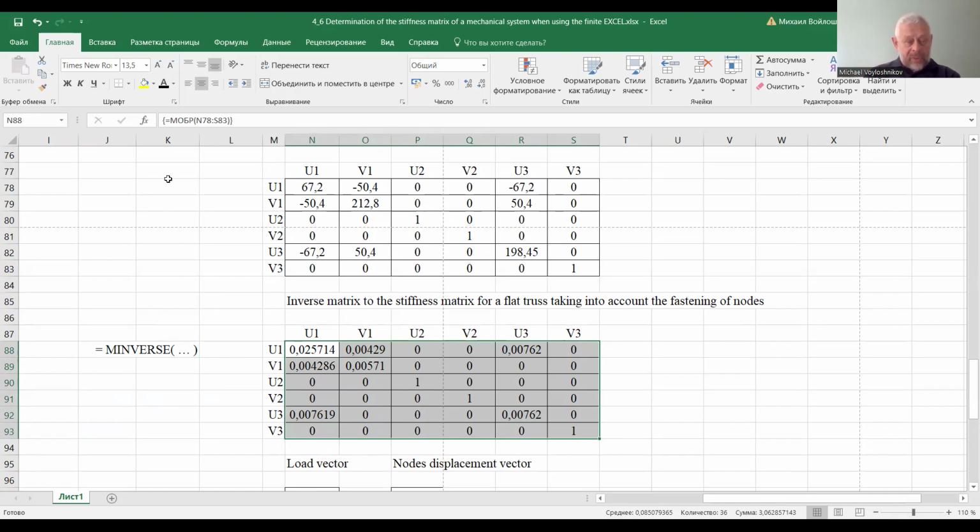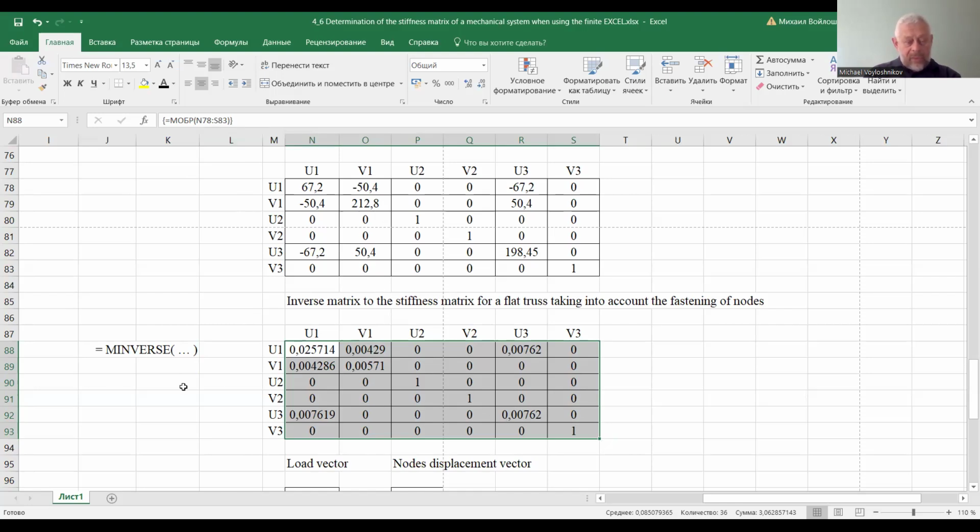Next, we have to dial in the address bar the command for finding the inverse matrix, MINVERSE, and in the brackets we have to indicate the range of the elements which are the matrix to be inverted.